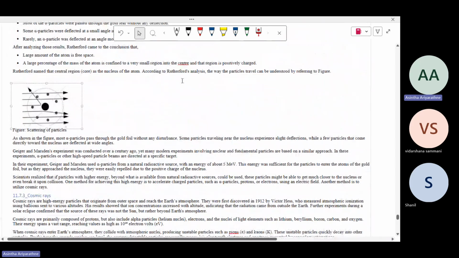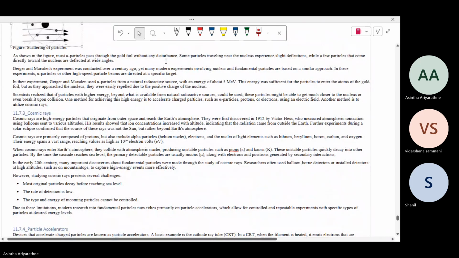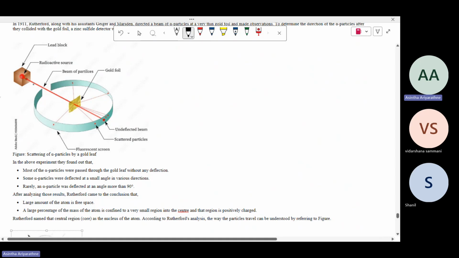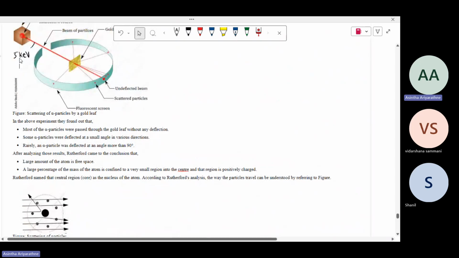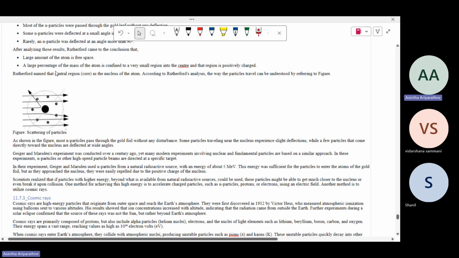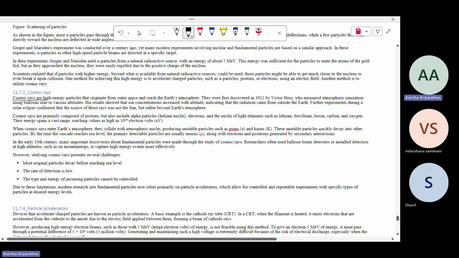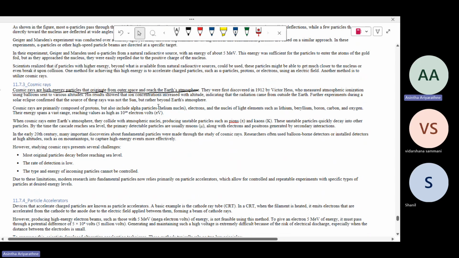These alpha particles only have 5 kilo electron volts of energy, which is small compared to cosmic rays, whereas cosmic rays are high energy particles coming from outer space and reaching Earth's atmosphere. They were first discovered by Victor Hess in 1912.